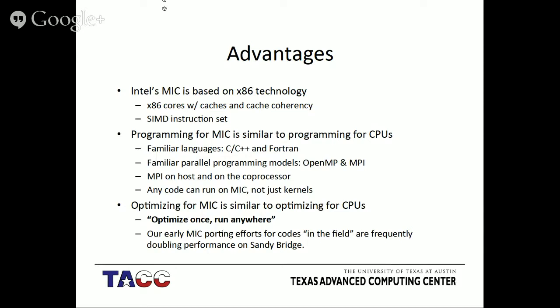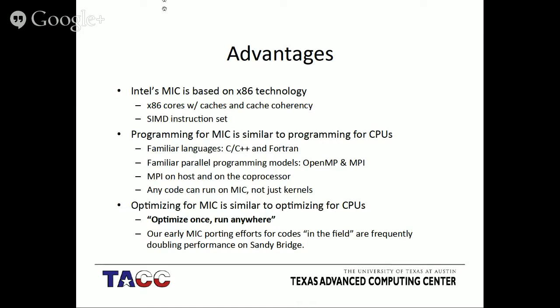Because the architecture is so much the same and the programming is so much the same, when you run your code on the MIC and find that the performance is not what you would hope for, and then you start optimizing your code for the MIC, anything that you do to increase the speed on the MIC will, in all likelihood, also increase the speed on the CPU.